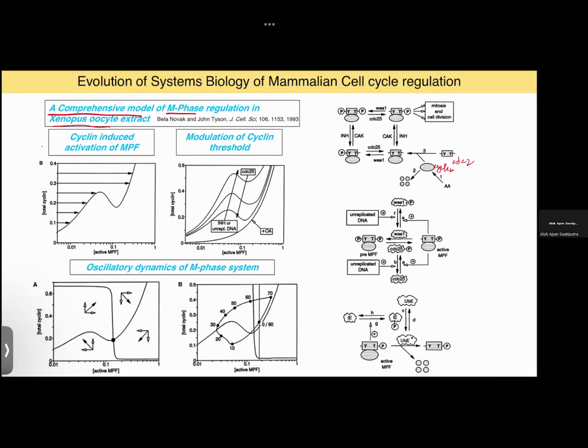Xenopus is a frog which originates in Africa. So you can take the oocyte, which is the ovum of the frog, and you can extract it, and then you can culture the cells for this. But this is a theoretical model. Since that was only restricted to the early embryo, this is a comprehensive model of a proper, normal, mature cell.